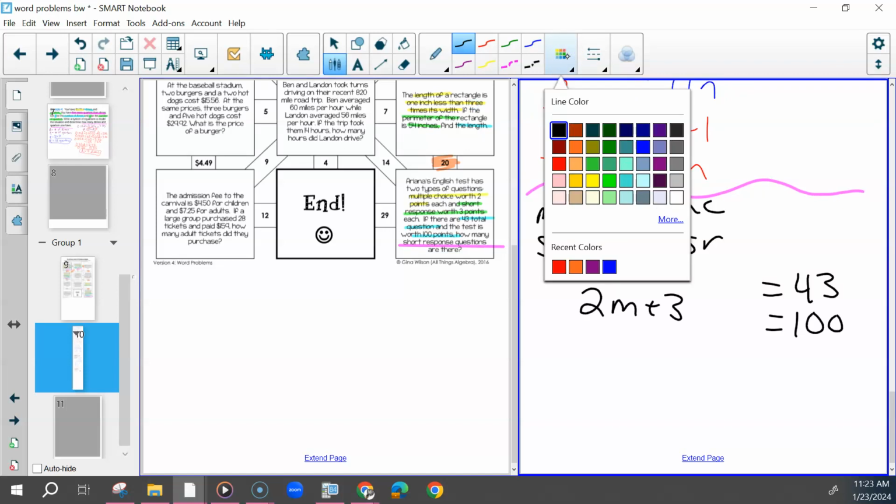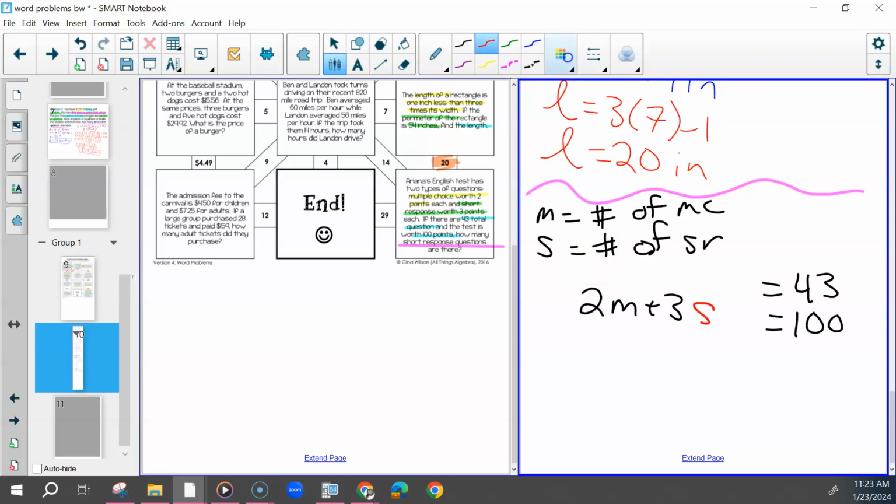So combining all of your ideas, putting those together, yes, 2M and 3S, and it would have to equal the 100 points. Because if I knew how many questions there were, and I multiplied it by its worth, I would get the total points. What would the equation that equals 43 be?